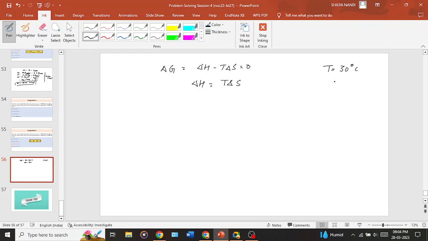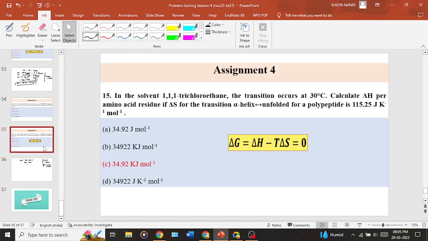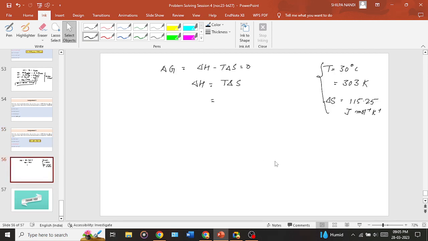Now you can convert it into Kelvin. How much will it come? 273 plus 30, approximately 303 Kelvin. And you have also been given the value of delta S, which is 115.25, given in joule per Kelvin per mole, right? Yes, 115.25.